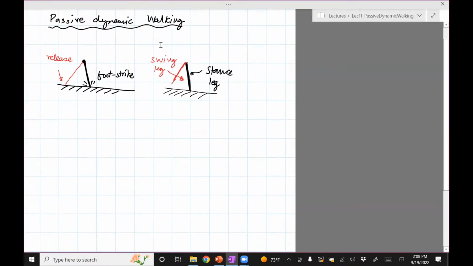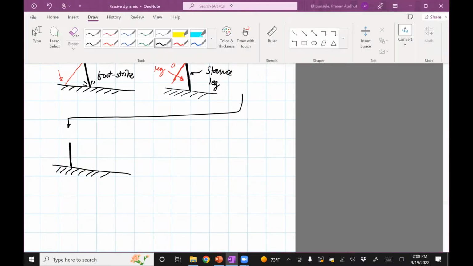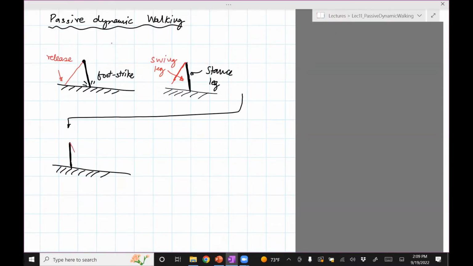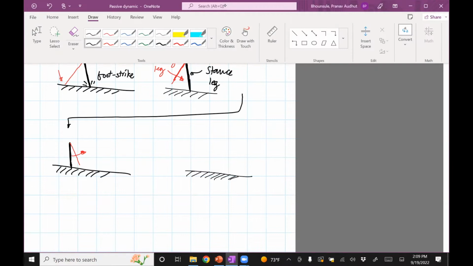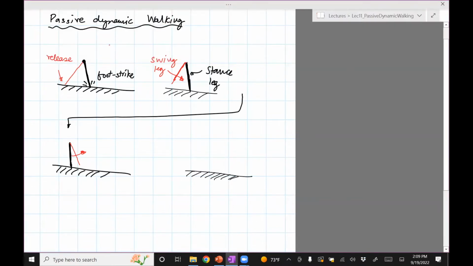Okay, so then go this way. Okay, so the swing leg keeps moving. It eventually ends up in front. And then the final step is when the red leg, or the one which was a swing leg, hits the ground and becomes the new stance leg.